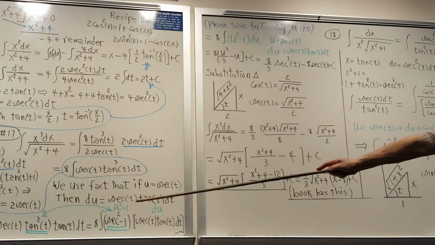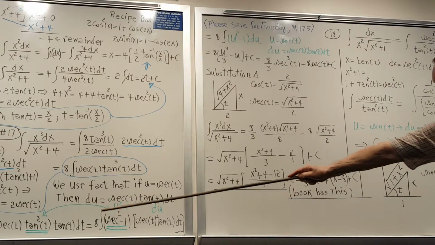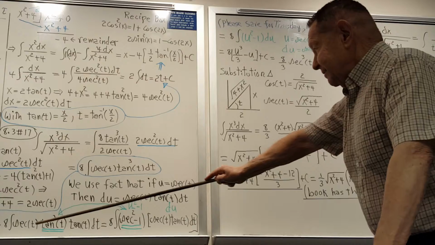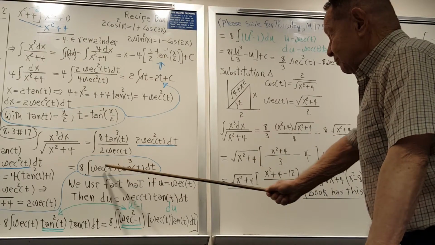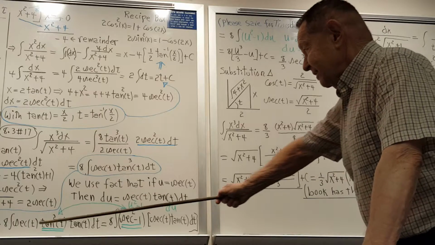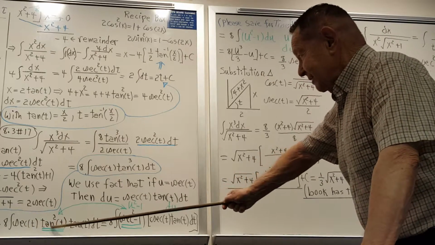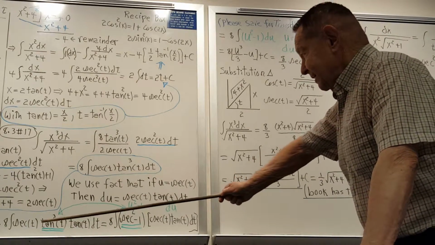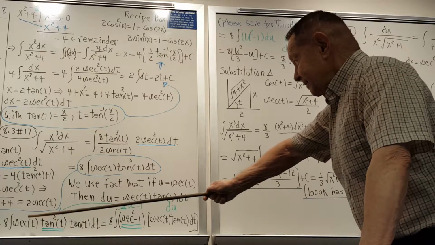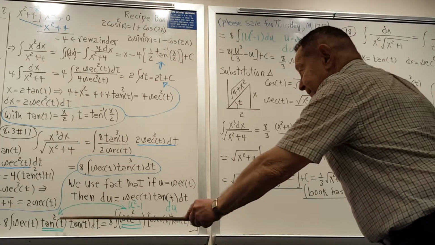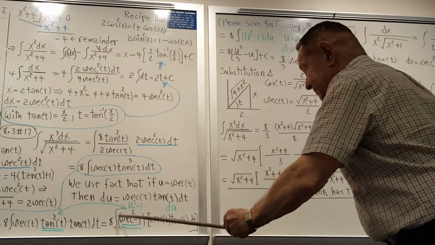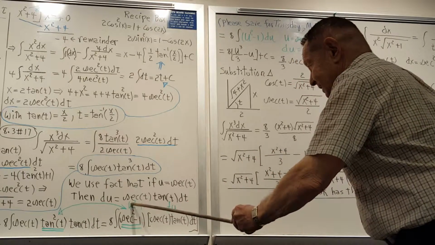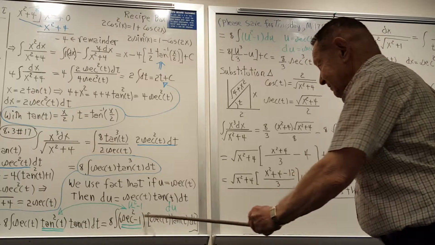There was a u substitution to do the integral that was tangent cubed times secant, where I split it up first like this, and then let the tangent square become secant square minus 1, and then called the u the secant, and so on.